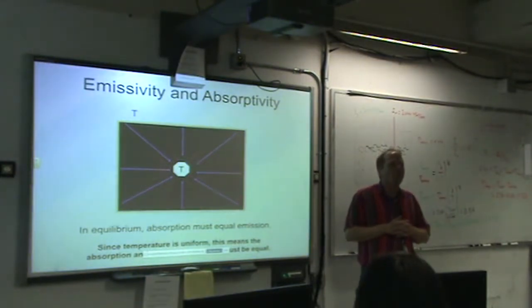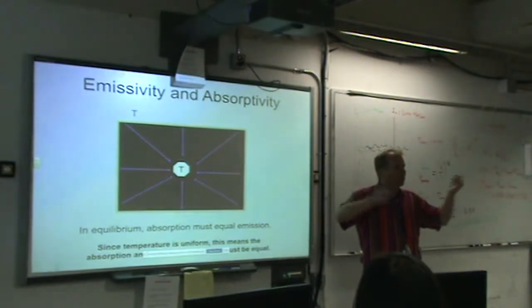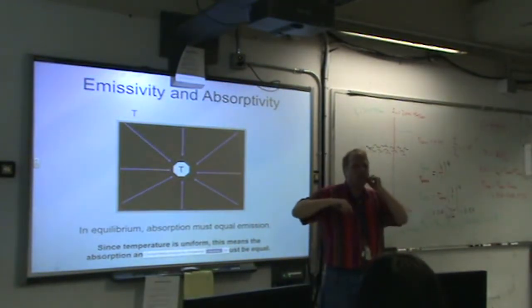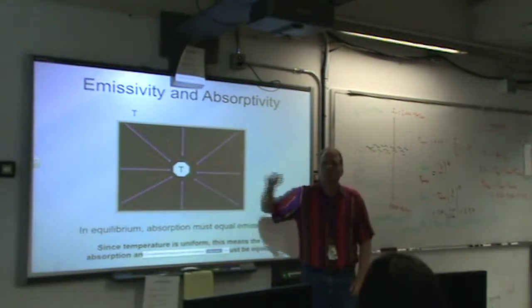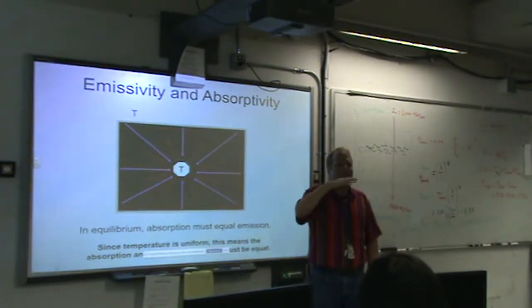And then we take one more step. If we happen not to be in equilibrium, it's not absorbing and emitting the same amount because it's not in equilibrium. Maybe this thing is hotter or colder. But do you think the absorption and emission properties have changed just because the temperature of the object changed? It may be emitting more, but is the basic ability to absorb and emit going to change?